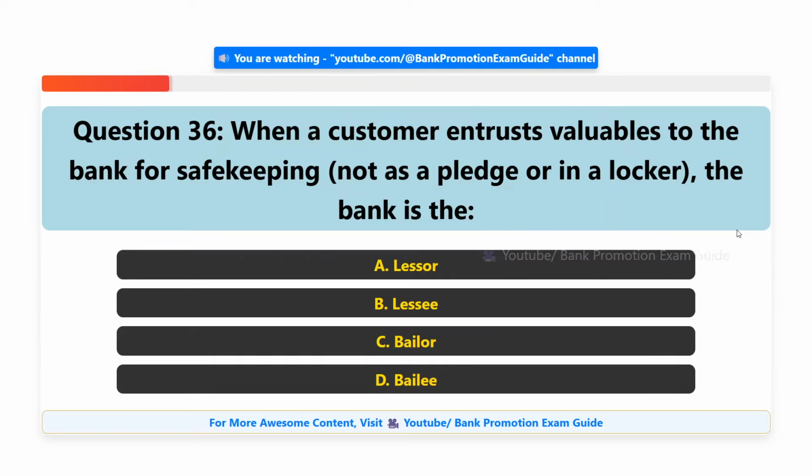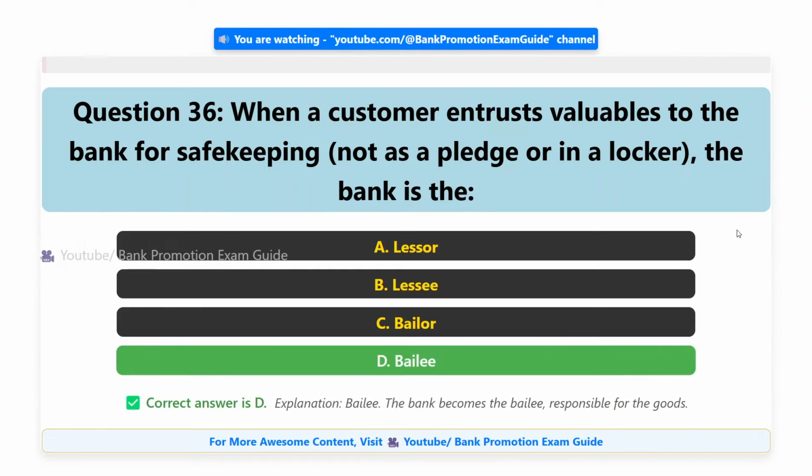When a customer entrusts valuables to the bank for safekeeping, not as a pledge or in a locker, the bank is the bailee. The bank becomes the bailee, responsible for the goods.